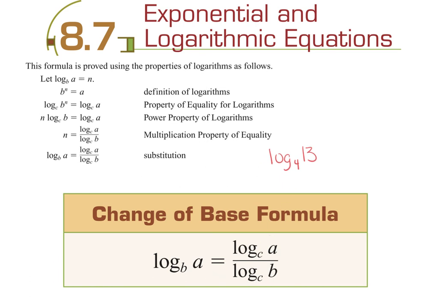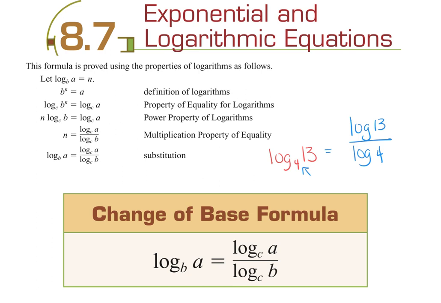We're going to rewrite it, and we're going to say, well, that's the same thing as log base 10 of 13 divided by log base 10 of my original base 4. That will equal log base 4 of 13. So the log of the number you're looking for divided by the log of your base, using a common log or using, we're going to do natural logs later as well. All right, so that's what this change of base formula does. It helps us find bases that we normally would not be able to find.